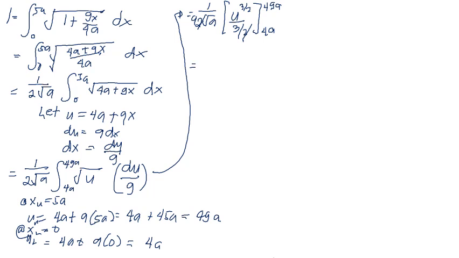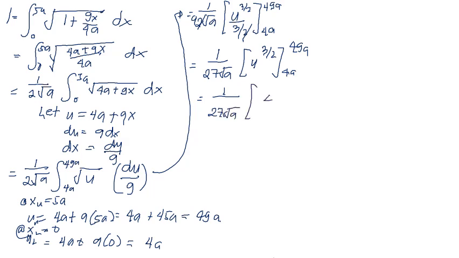So this is equal to 1 all over 27 square root of a, u raised to 3 halves from 4a to 49a. Now we will have 1 all over 27 square root of a. Then we have 49a raised to 3 halves minus 4a raised to 3 halves.